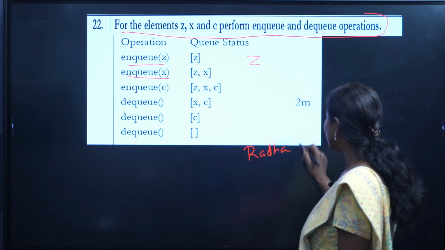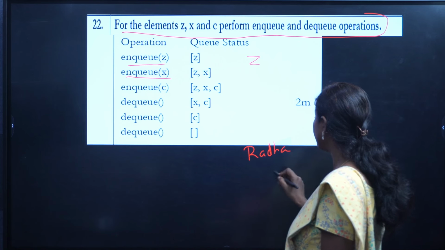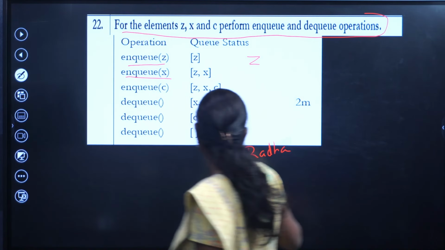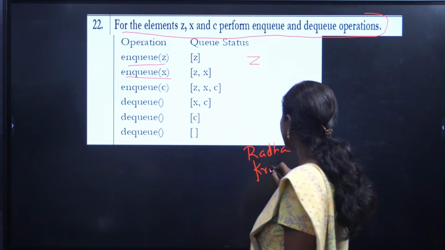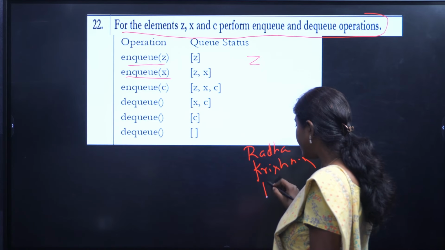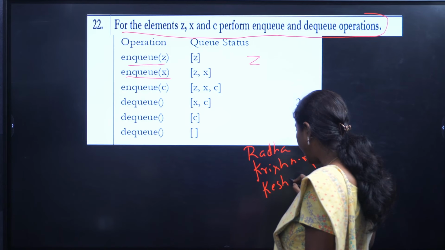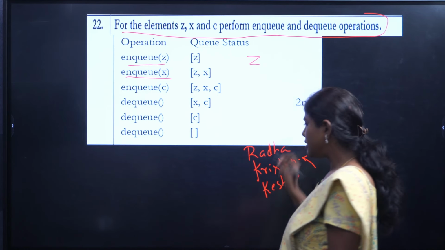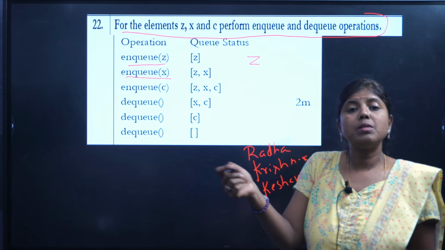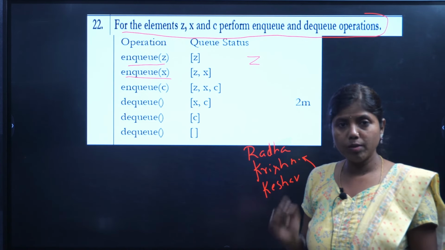Then Krishna can join after Radha. Then if Keshav comes, Keshav will join after Krishna, not before. That means insertion takes place from the rear end. It's a simple queue. Remember that.